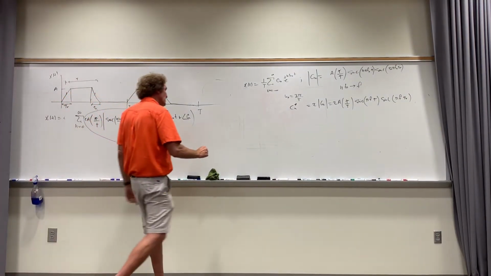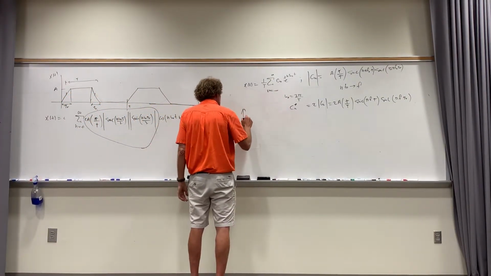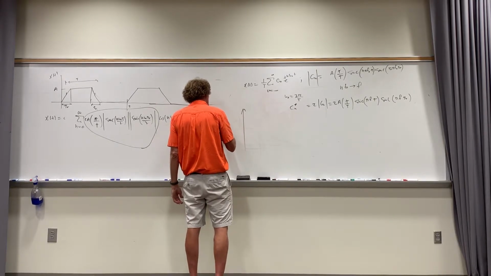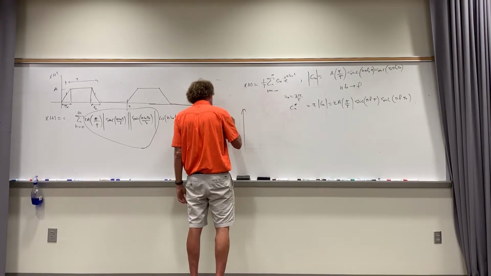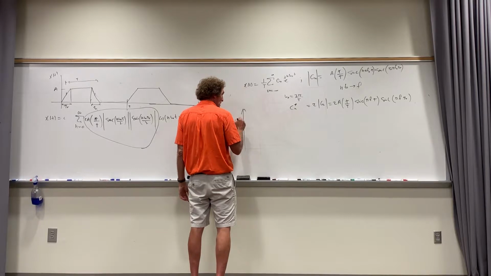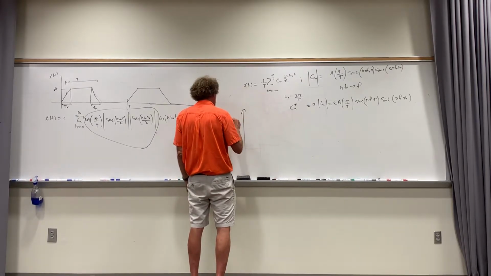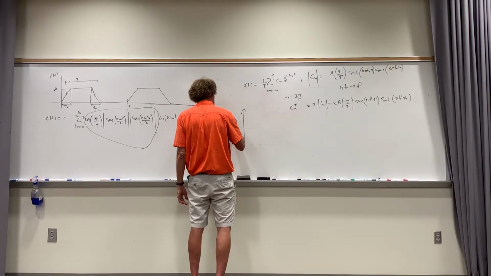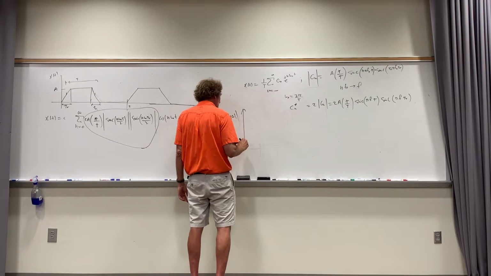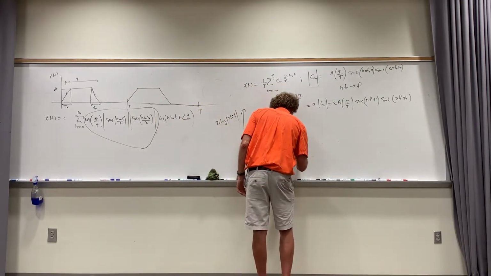So usually when they plot this, they have 20 times the log of 2 times the magnitude of C of n here versus f.